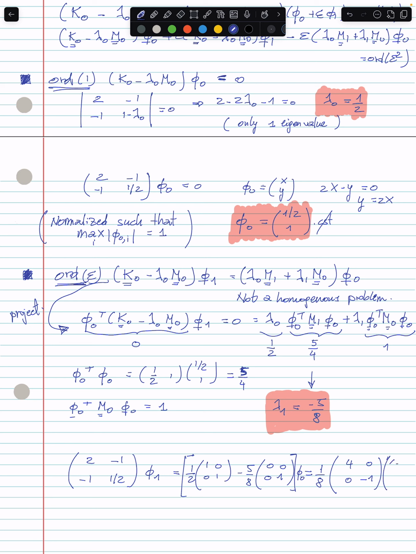We made everything in such a way that there is no contribution which is aligned with phi 0 on the right hand side. So if you compute again phi 0 transposed times 2 and minus 1, you see that they are indeed orthogonal to each other. That's 1 minus 1, so this is 0.